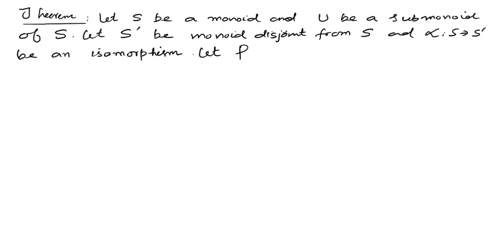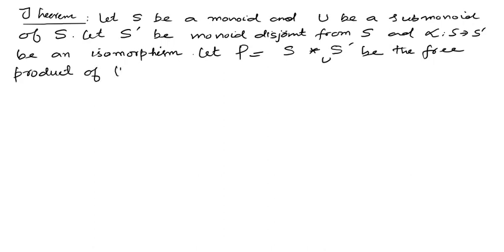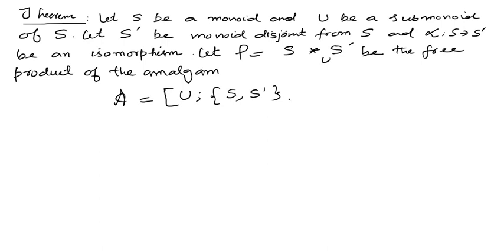Let P be the free product of the amalgam A equal to, in square brackets, U, that's the core of this amalgam, and a set of two semigroups S and S prime, and we have a set of two morphisms.